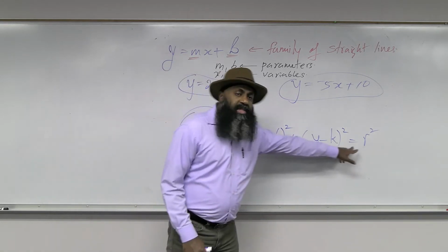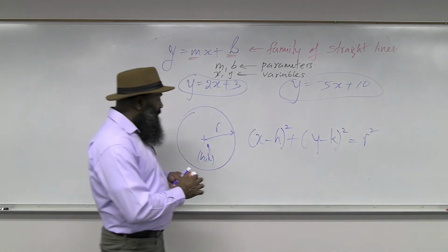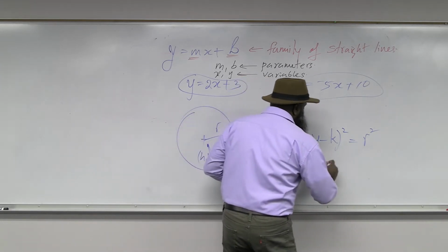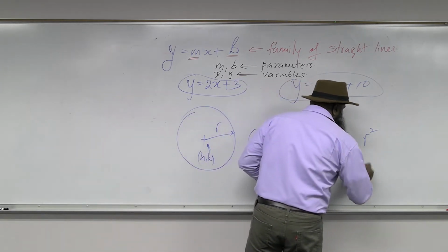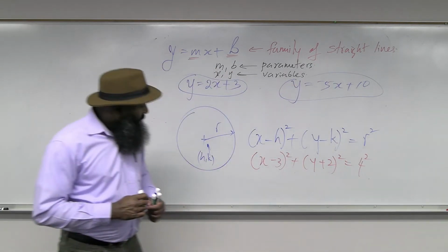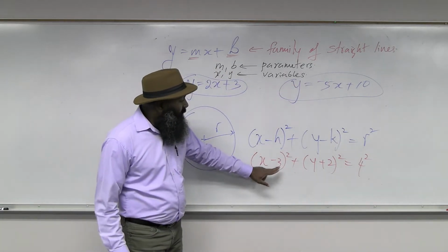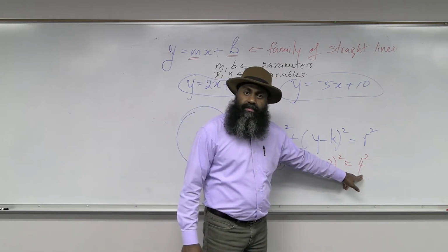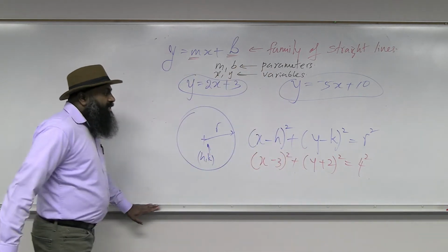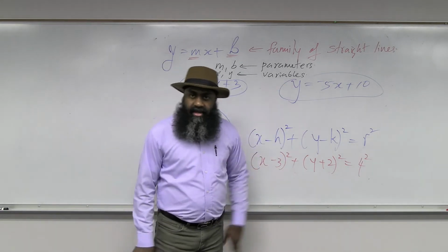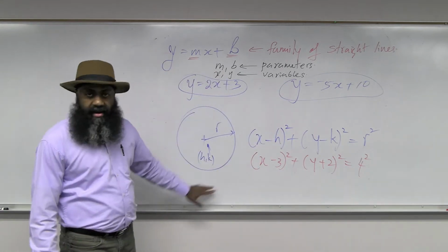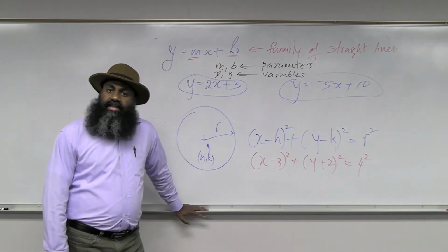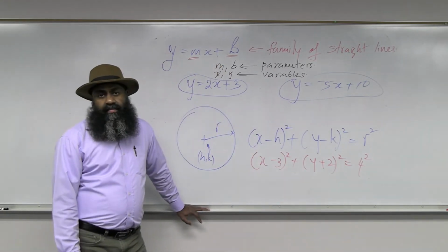X and y will always be in this equation. Now for example, x minus 3 squared plus y plus 2 squared equals 4 squared is a circle whose center is at 3, negative 2 and radius is equal to 4. So likewise, by changing the parameters, in this case h, k and r, I can obtain so many different circles, but they will always be circles.